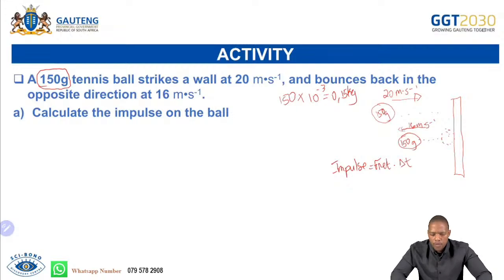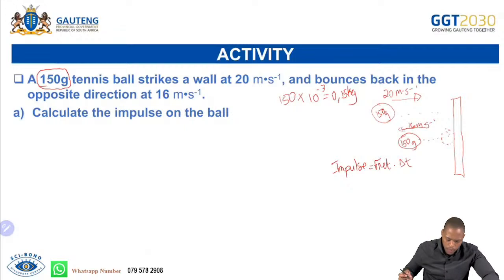This again, grade 12, brings me back to that point where I say understanding that change in momentum is equal to the impulse is very important, because such questions are going to come. Such questions will be asked where you are expected to calculate the impulse, but you have no force and no time of contact, and these are usually the questions that are asked. So how do you go about doing that?